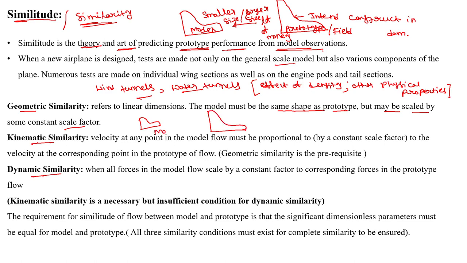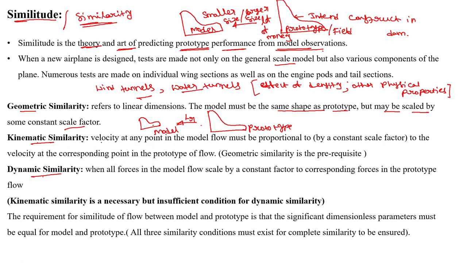This may be the model, this may be the prototype. So the first criterion is that it should be of the same shape, but scaled by some parameter, let's say LR. That is all about geometric similarity.